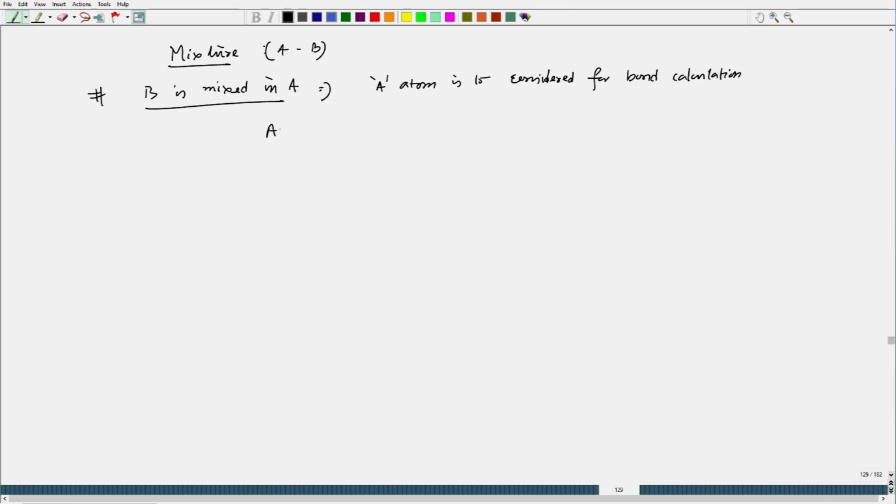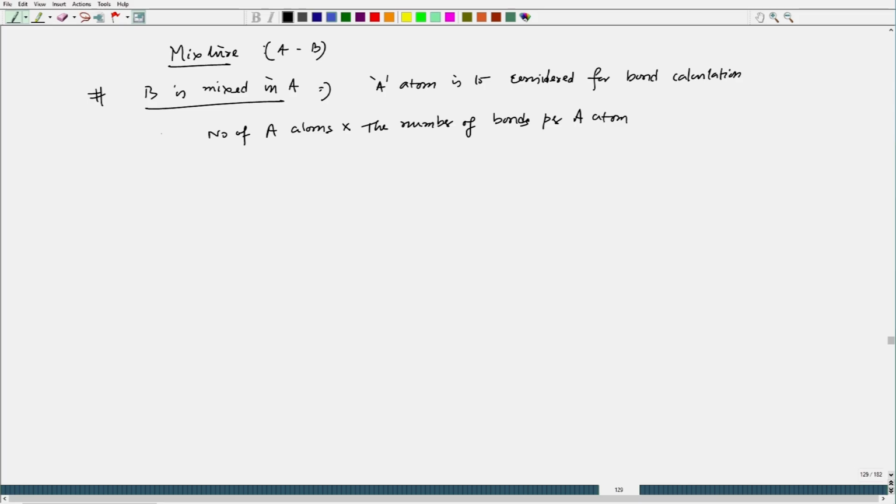So, that means the number of A atoms into the number of bonds per A atom definitely.